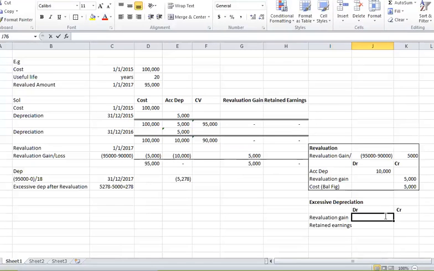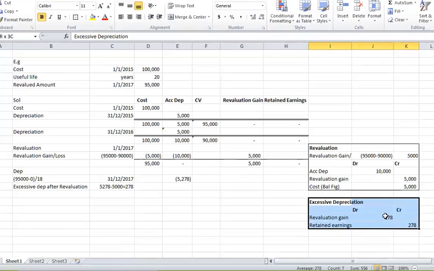So what is excessive depreciation? 278 pounds. Debit would be revaluation gain and credit would be retained earnings. So this would be the double entry for excessive depreciation. This entry would be passed every year.